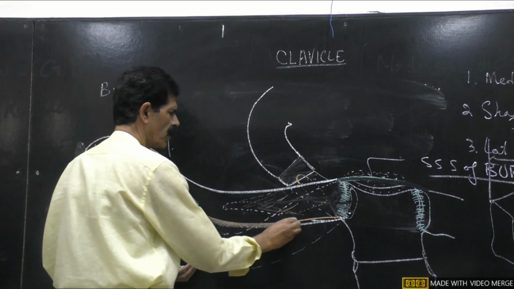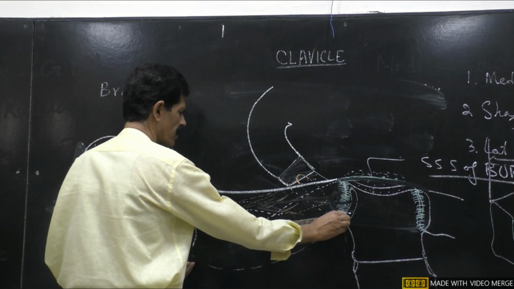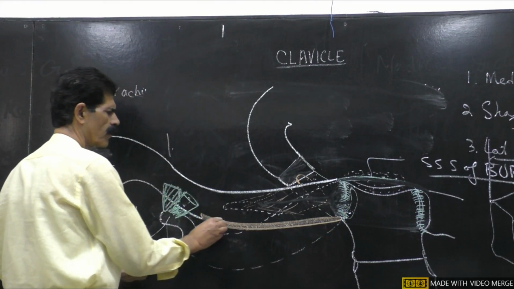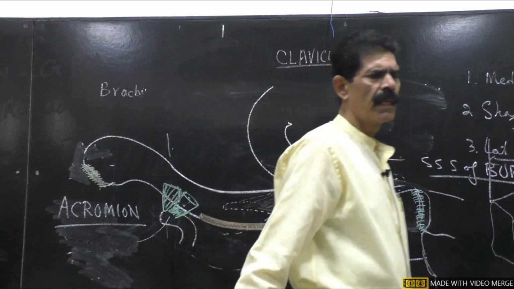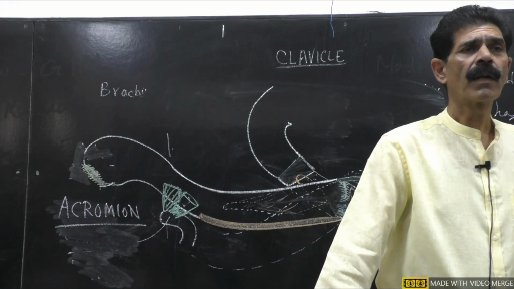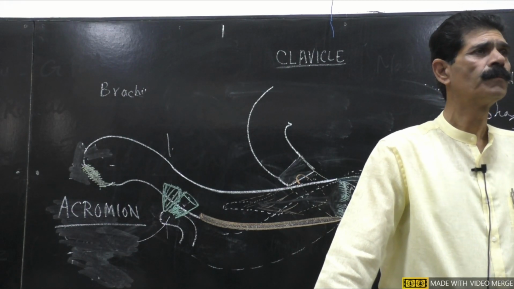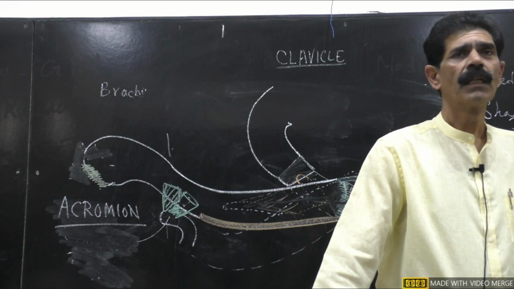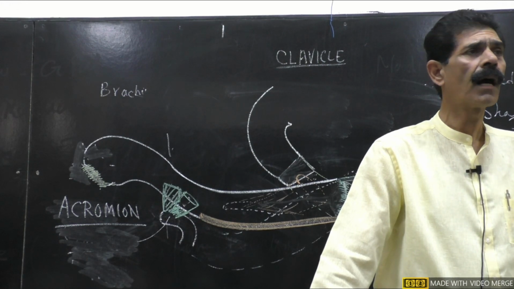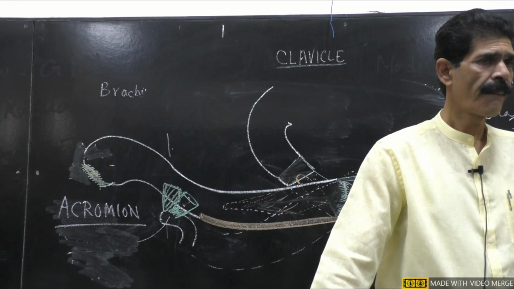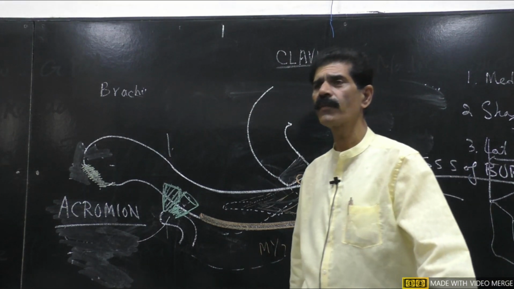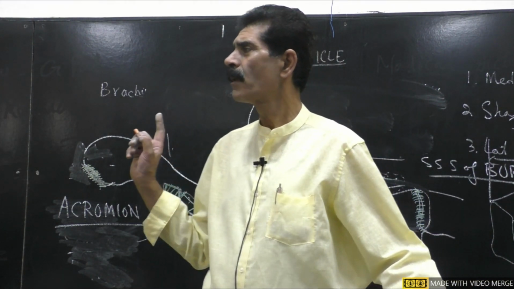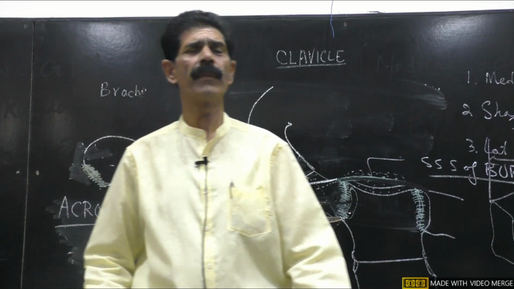So this is the origin of the pectoralis from the anterior surface of the clavicle. But how much, that is important. That is the medial half. So the medial half of the shaft of the clavicle gives the origin of the pectoralis major muscle.